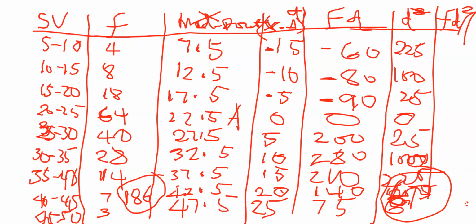You get 625, which is 25. You will now use this F to multiply this D square to give you this column. And it is this last column that you need. Summation of this last column all over 186 will give us that first formula you saw. Is that okay? Understood, sir. I hope that is clear. Yes, sir. Thank you very much, sir.